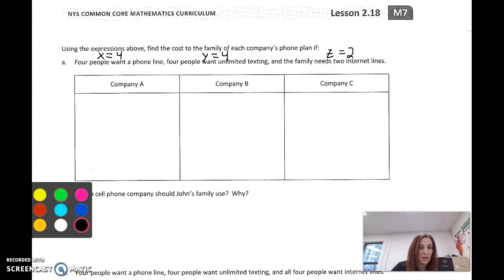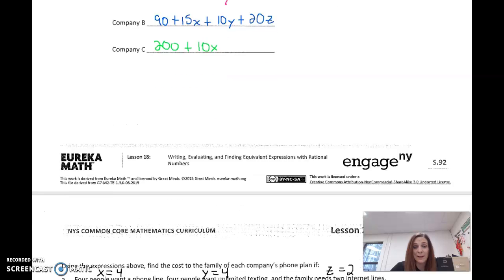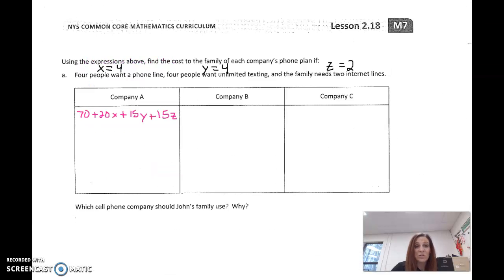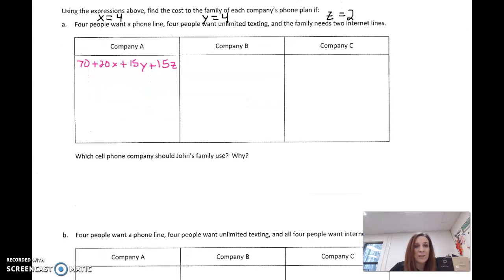Okay, so now I am going to take the expressions that we wrote on the first side and just copy it down here. Okay, so where is this coming from? Well, it's coming from the expression we wrote for company A. And now, just like we've done before, I'm going to substitute the values in for each variable.